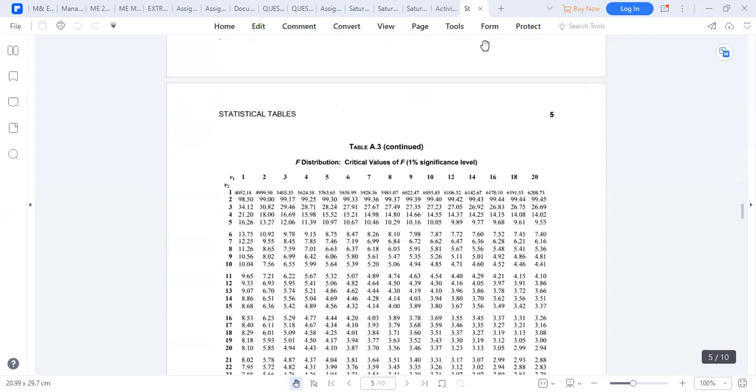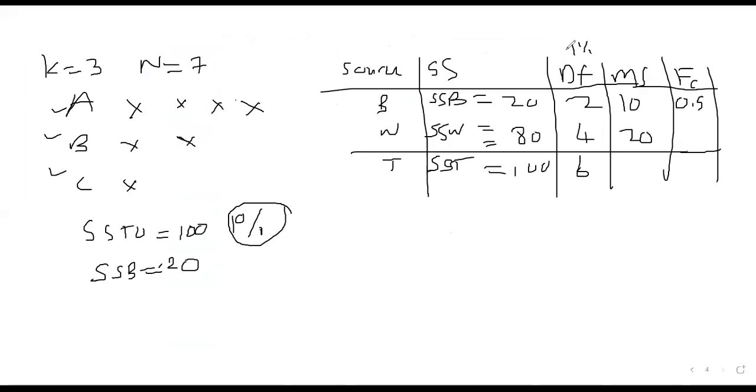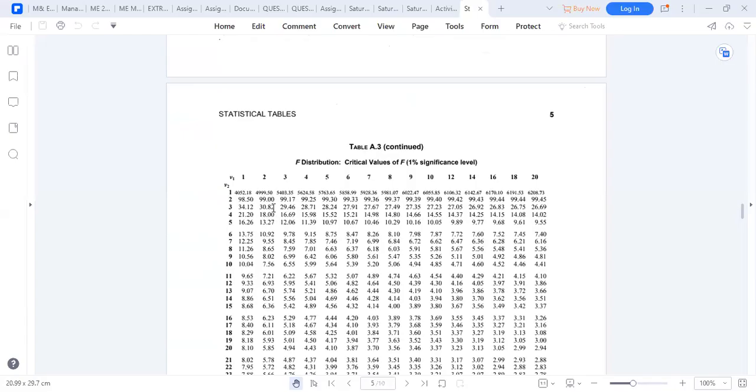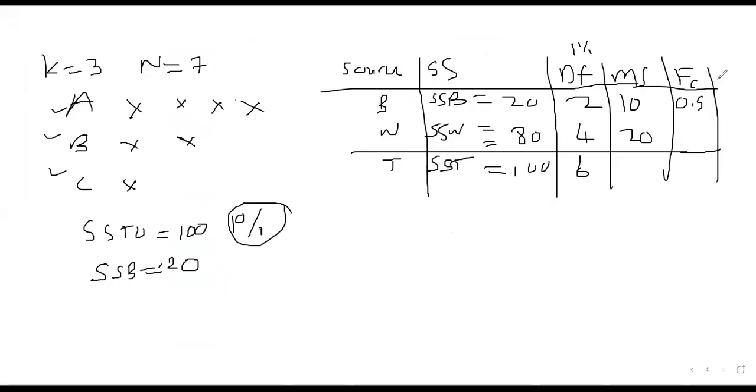So what were the coordinates? 2, 4. So check under 2, 4. 2 coming on top, then 4 there, that's 18. So we're going to put 18 here. If tabulated is 18, if this calculated is greater than that, we reject. If it's smaller, we accept. So since this is smaller, we accept the H0.